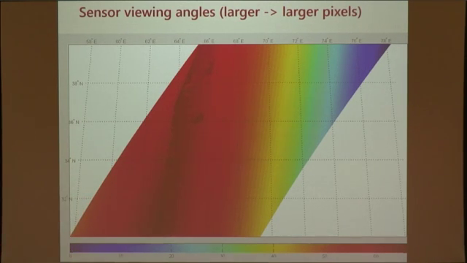So what that means is that the pixel right underneath the satellite is half a kilometer square, while the pixel at the edge of the swath is about 5 times 1 kilometer. So it's 10 times the area at the edge of the swath.